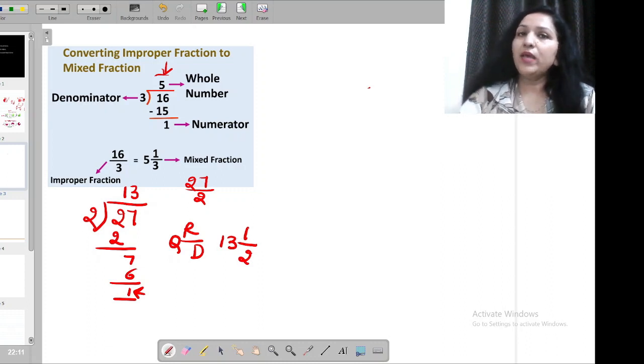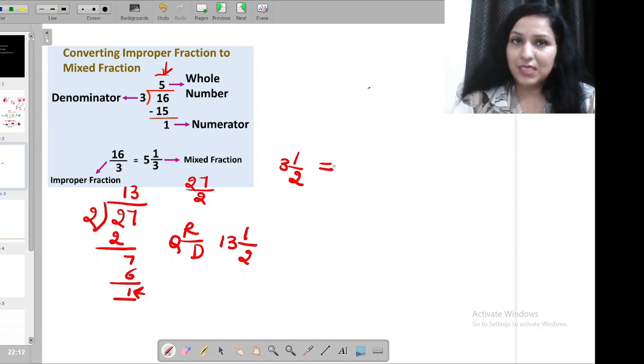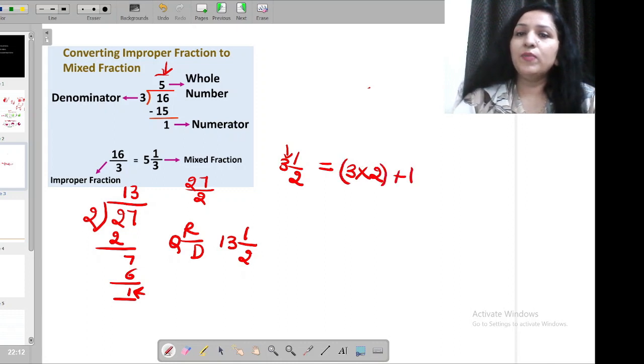Now, let's see how a mixed fraction can be converted to improper. For example, the mixed fraction given is 3 whole 1 by 2. I need to convert it to an improper fraction. So what you are going to do, just listen very carefully. Do not be in a rush. This whole number part, multiply by the denominator. Once it is multiplied, you have to add the numerator.